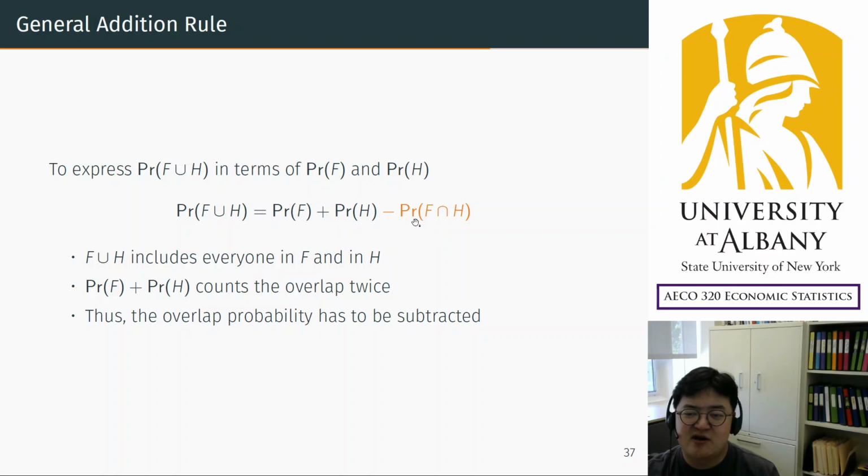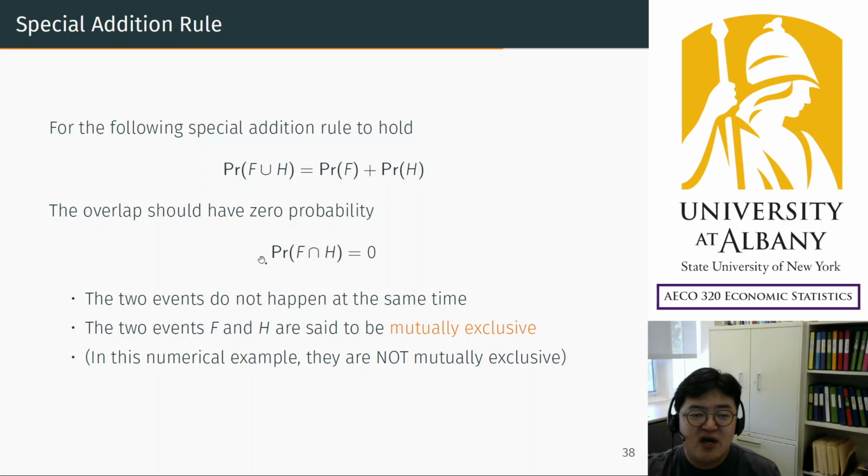Add something and subtract something. Oh, it's not clean. So if you can assume that the overlap is 0, that there is no overlap, then you can simplify the formula to a more beautiful, pretty and clean formula. That is called the special addition rule, I say.